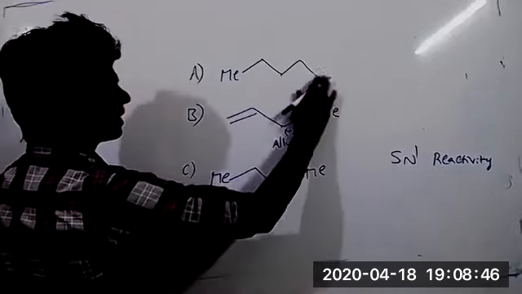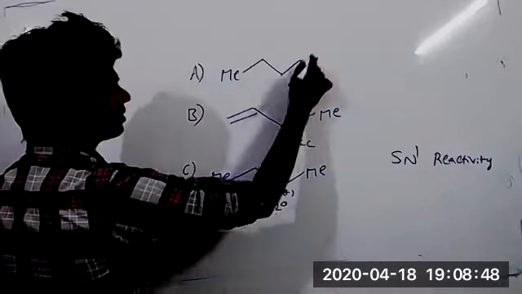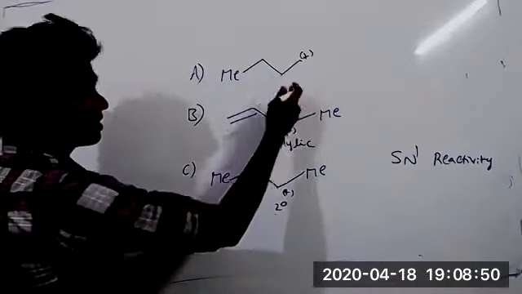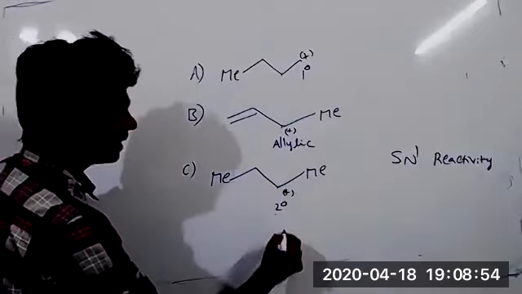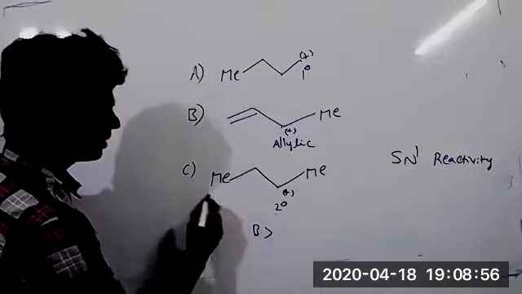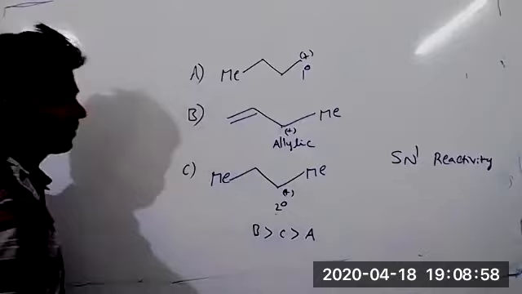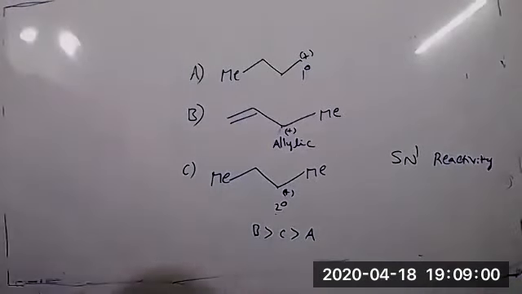Suppose bromine is lost here, so the positive charge is here. This is primary. The reactivity order is first allylic, B, then C, then A. Which option is correct? Yes, A is correct.